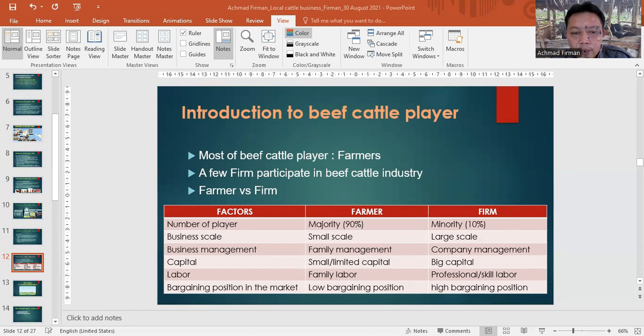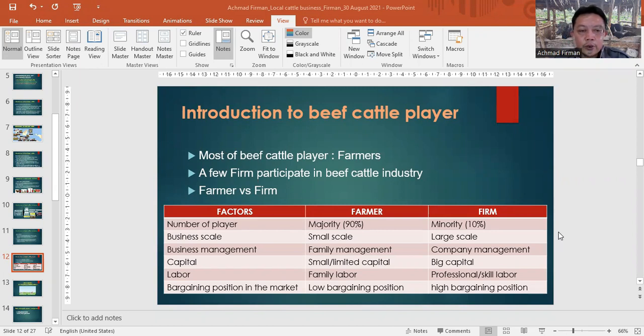Farmers are most of the beef cattle players. Meanwhile, there are several companies that invest in the cattle fattening business. The difference between farmers and companies in the beef cattle industry can be seen in the following table.